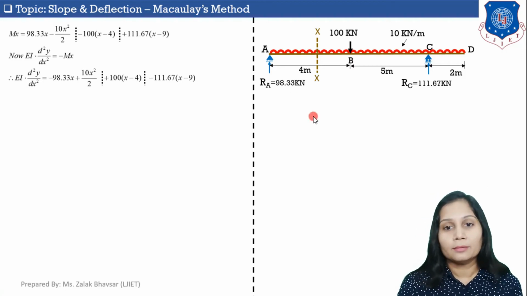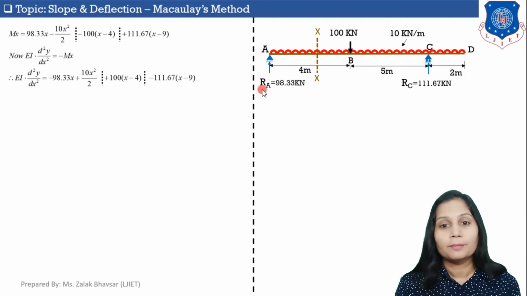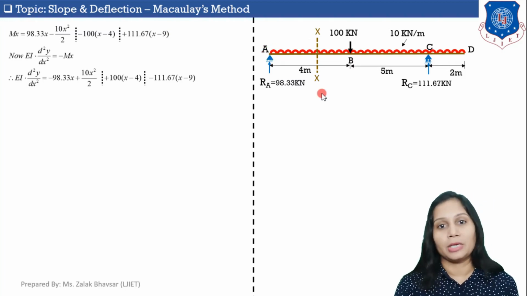So moment of this reaction RA is in clockwise direction, so it will be positive, and moment of this RA about this section line will be 98.33 into x. This x is distance between point A and this section line.